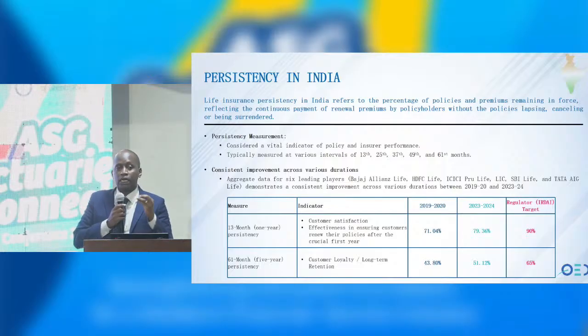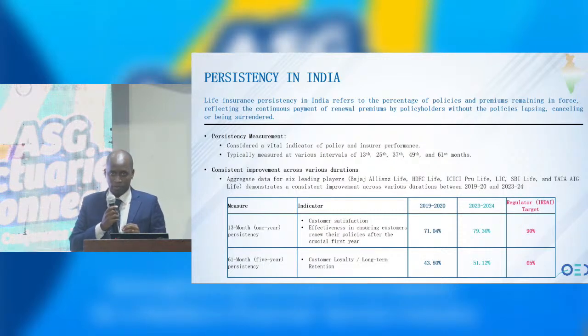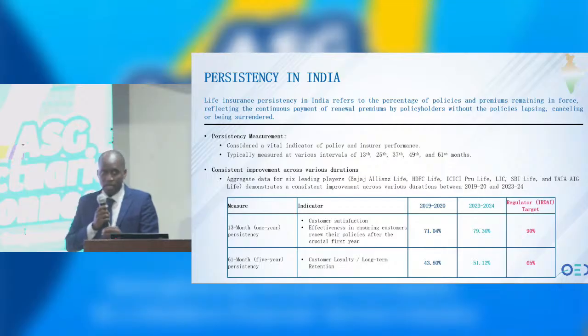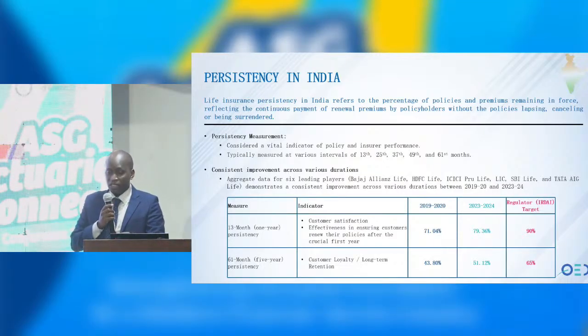What the regulator has used this for is essentially to say that the 13th month, so basically your year one, is an indicator of customer satisfaction. The higher it is, the more it correlates with your products meeting the needs of the customer, and the selling practices of the company matching those needs.